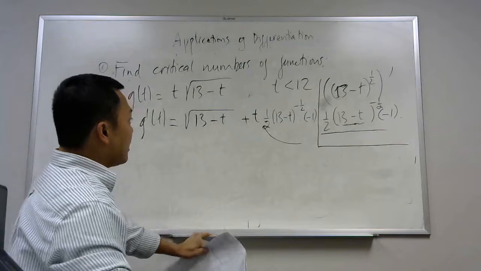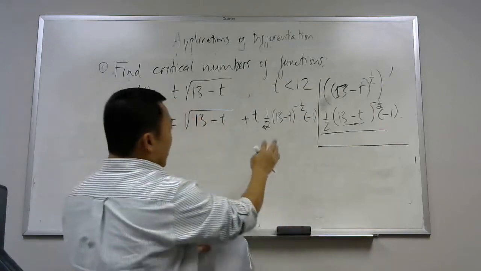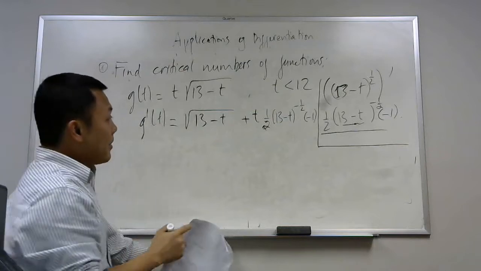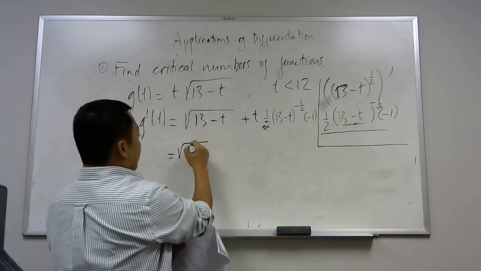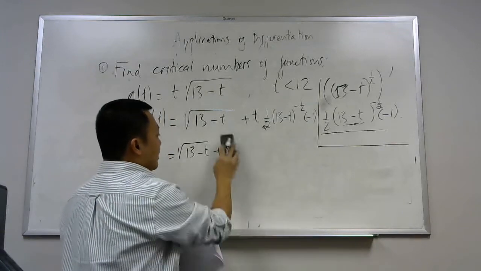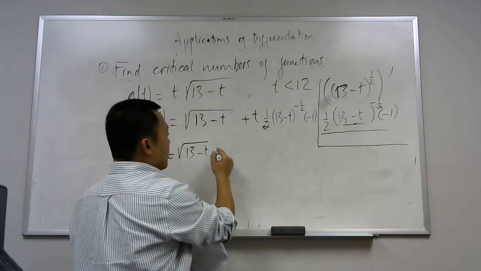All right, now what is next? I will simplify and put the terms together because I need to find critical points. Then I have the square root of 13 minus t, minus t over 2 times the square root of 13 minus t.